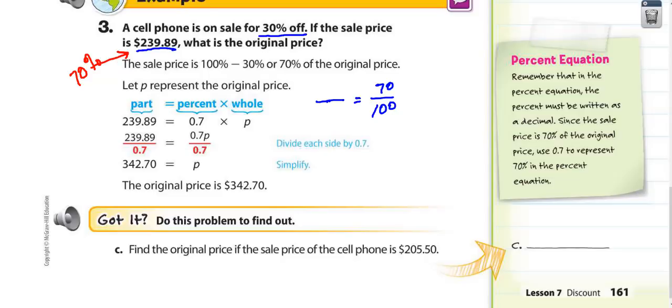So we know that that part is $239.89. And we don't know what the whole is. So we're going to have the $239.89 times 100 is equal to 70 times n.